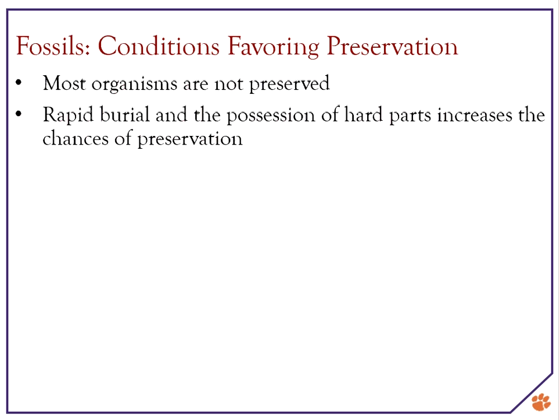In these cases, the fossil forming will be more successful if we have rapid burial of the material, and also if there are hard parts of the organisms. So in both of these cases, when we have rapid burial and the hard parts of the organisms, the chances of preservation are going to be better.